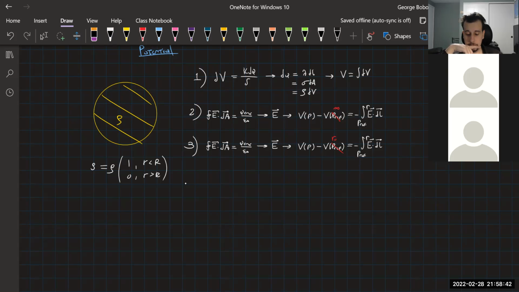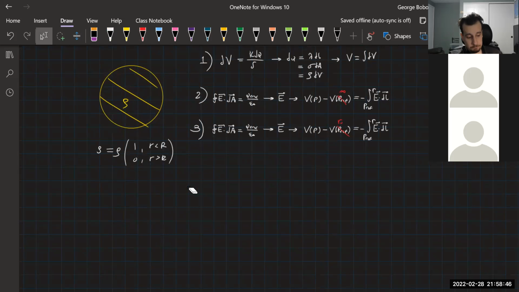Because you'd have to do its own calculation for each. So how many electric fields would this yield here? It should be two, I think.